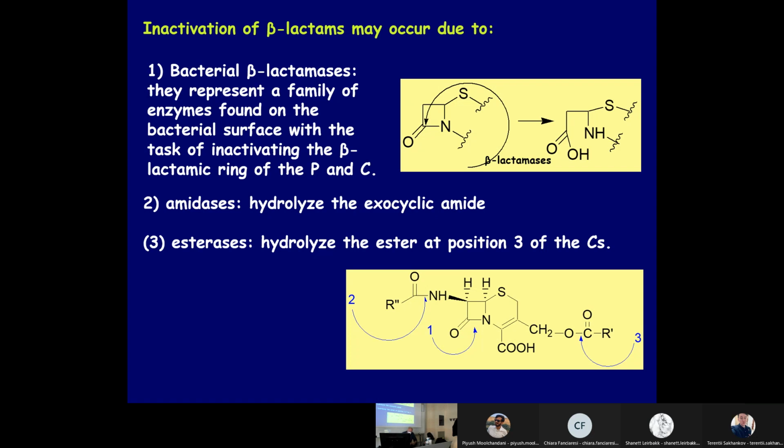These three families are able to inactivate penicillins and cephalosporins. The most important family is represented by beta-lactamases. If you want to protect the activity of penicillins and cephalosporins, we have to apply a strategy in order to defend the beta-lactam ring from the attack of beta-lactamases.